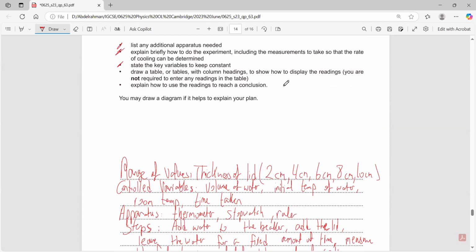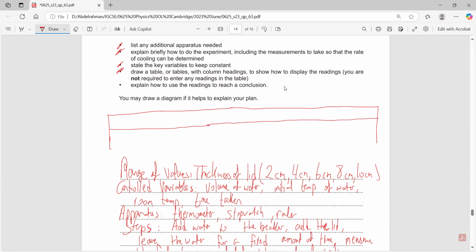What about the table? Can I draw the table in this empty space? Yes. Okay, table. You can have several columns. The first and most important column would be the thickness of the lid in centimeters.